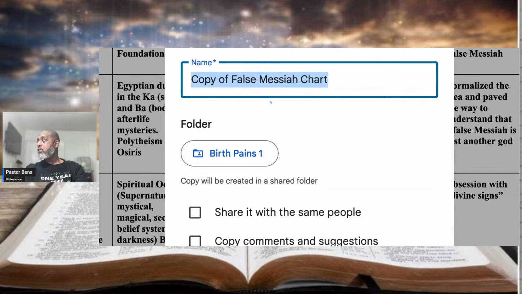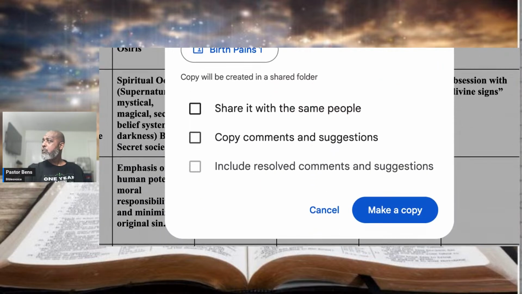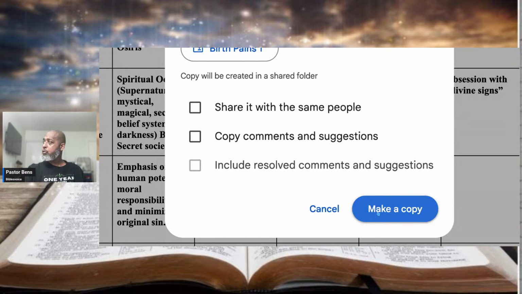Then you go into this box and type your name. There you go. Then you go down to this blue make a copy, click it, and you'll have your own copy so that you can type in your own chart.